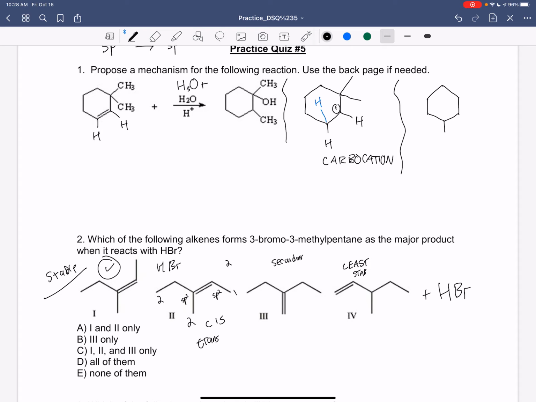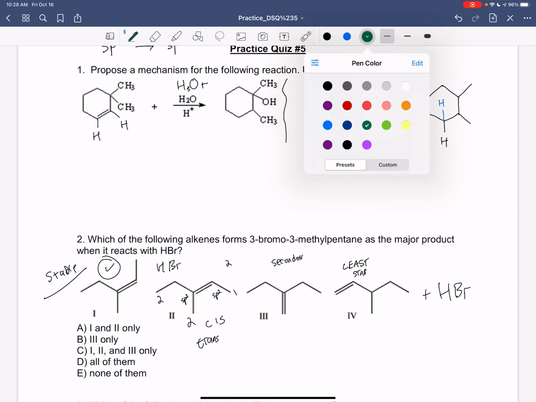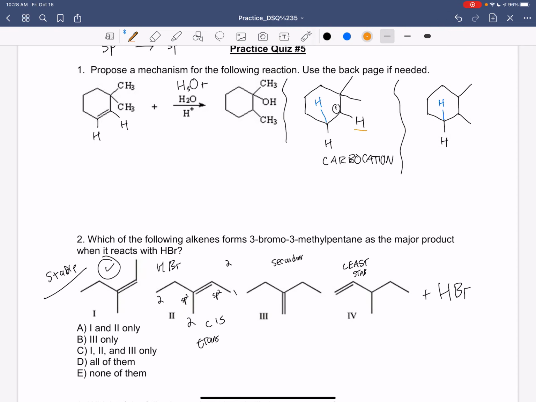I'm going to keep everything where we have it, because it's important to know where everything is. One of our methyls is going to shift down. The hydrogen that I was just about to write, this hydrogen, we're not getting rid of; I'm just going to put it here. So this is now a methyl group.